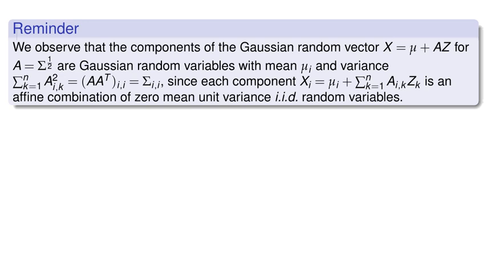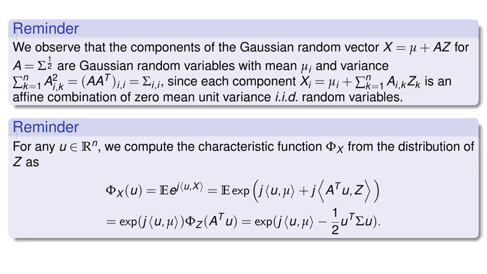Therefore, each component xi is itself a Gaussian random variable. Its mean is mu i. Its variance is the sum from k equals 1 to n of a i k squared. This sum is precisely the ith diagonal element of the matrix A A transpose. Since A A transpose equals sigma, the variance of xi is sigma ii, the ith diagonal element of the covariance matrix sigma.